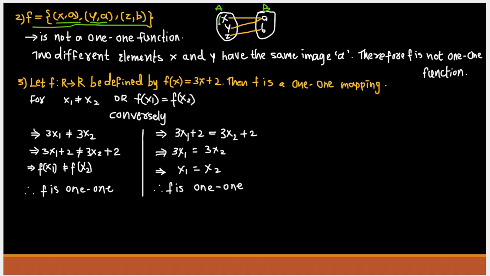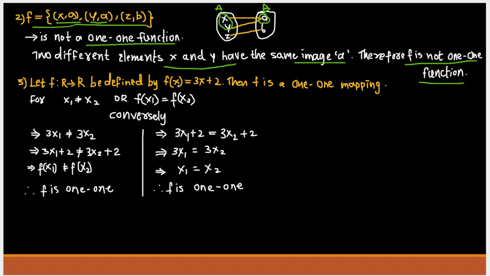So both x and y elements from A have the same image from B. The relation is repeated between the elements of A and B, which is not a one-one function. Two different elements x and y have the same image a. Therefore the function is not one-one.